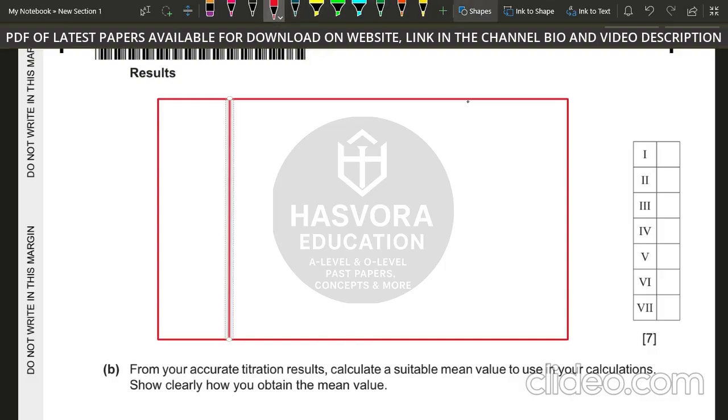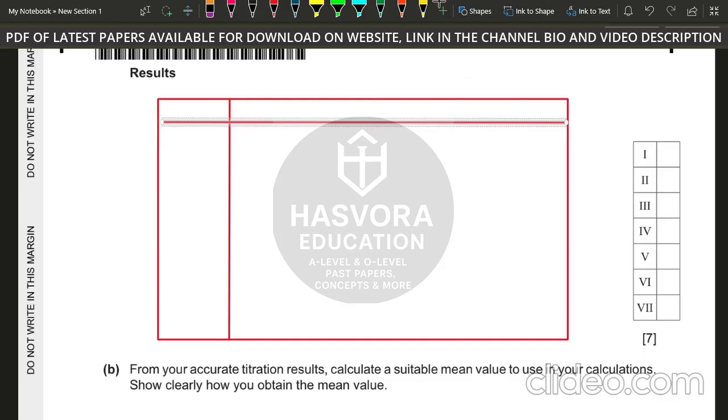Then we will have the number line in which we write the number of the experiment. Then we will take 3 additional experiments to the rough titre, but you can include the rough titre in this table. So 3, not less than 3, and you can take 4, but not less than 3.